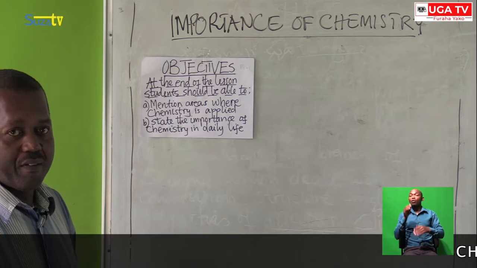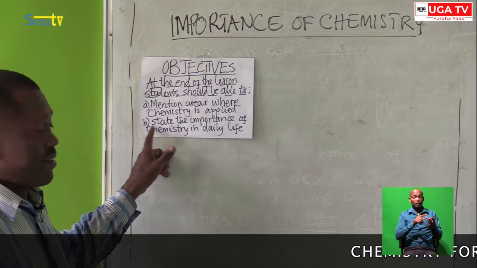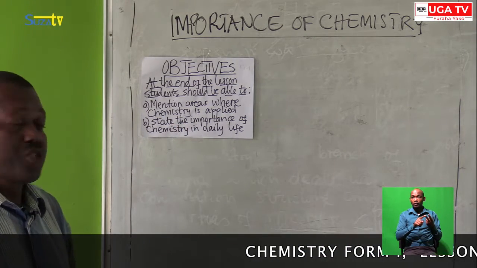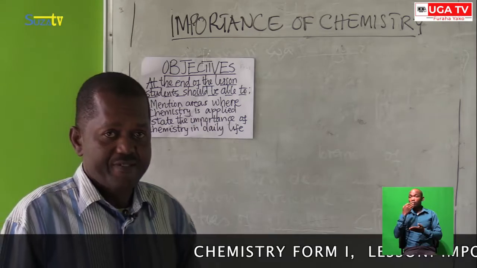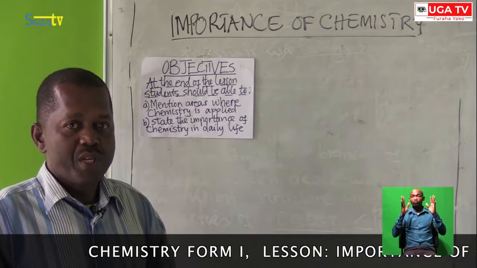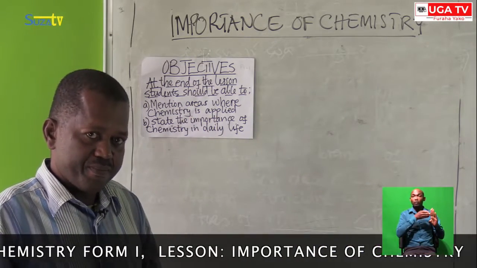That is the first objective. The second objective is to state the importance of chemistry in daily life. So at the end of this lesson, we expect these objectives to be achieved.